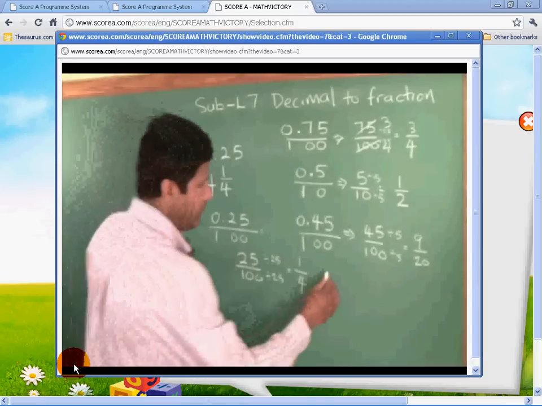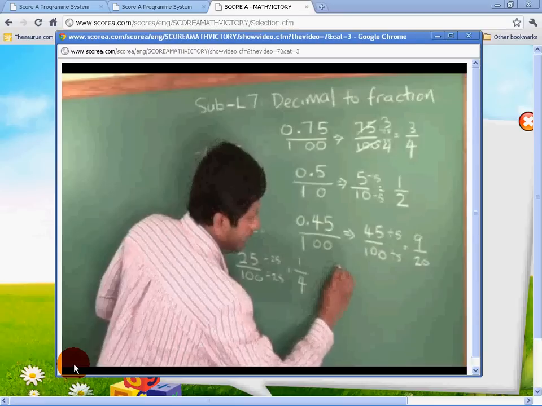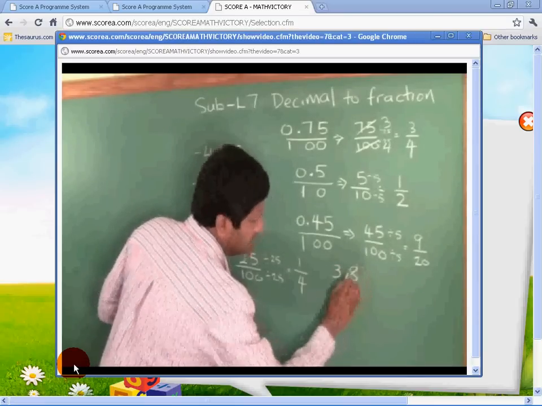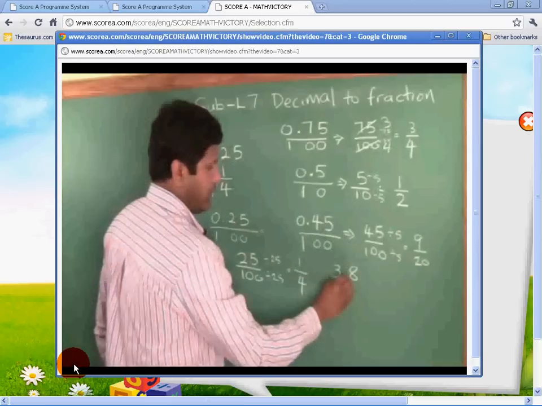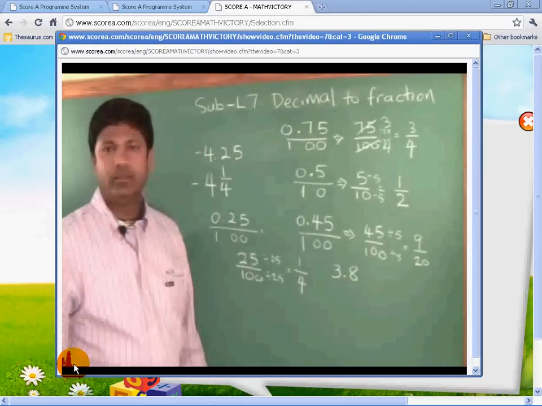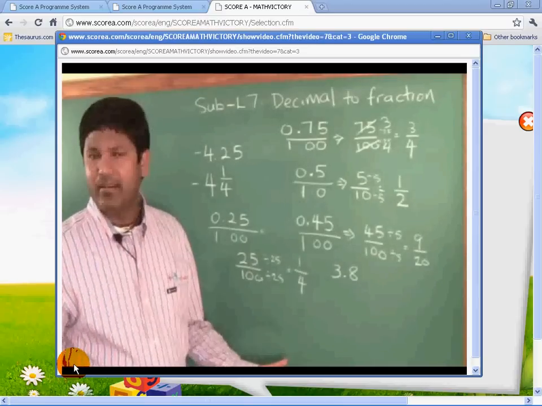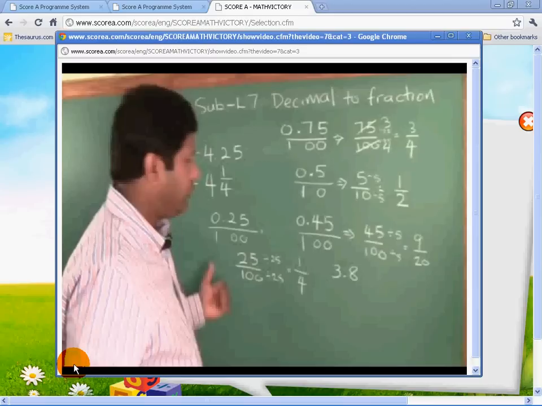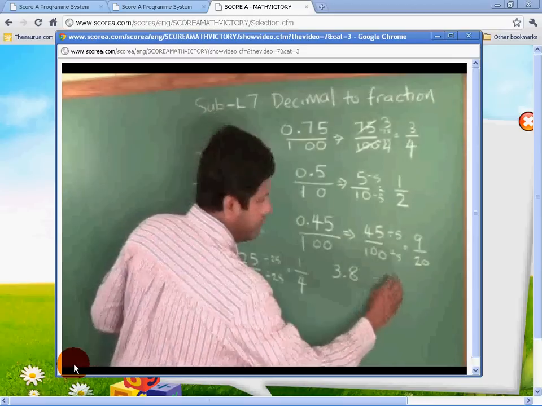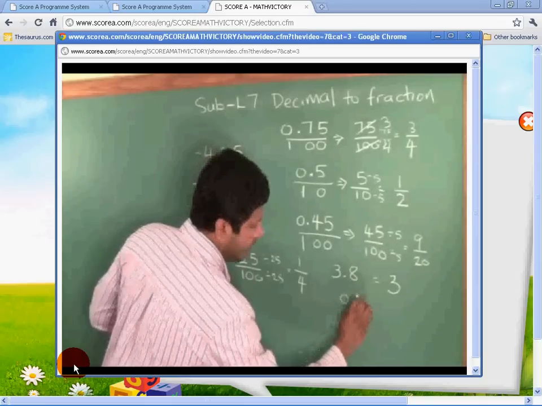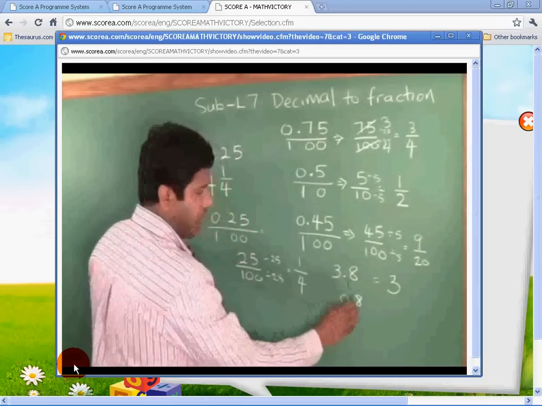How about you do this? Let's say for example 3.8. You do it. Go ahead, pause it, and then you do it. How is it? It's not bad. Pretty easy, isn't it? We know it's going to be 3 and then a fraction. Then you just deal with the decimal without the whole number, 0.8.